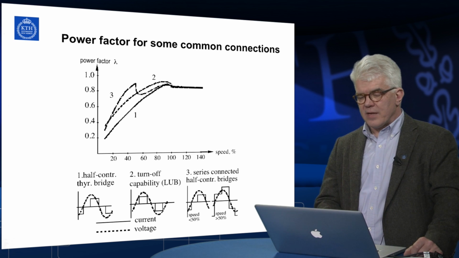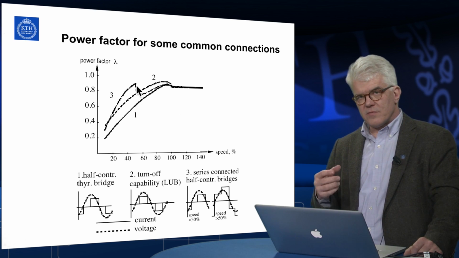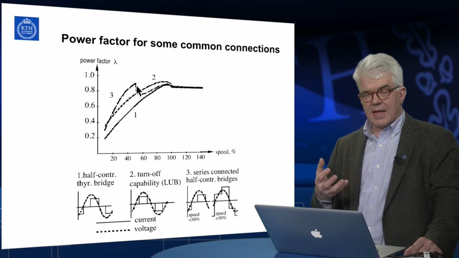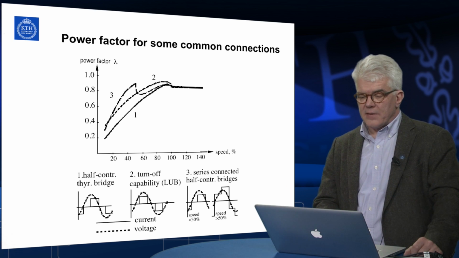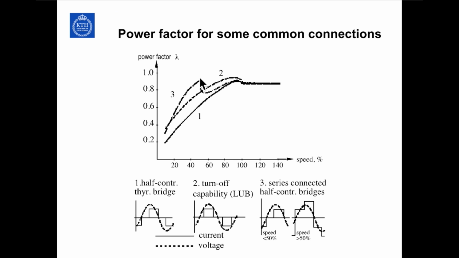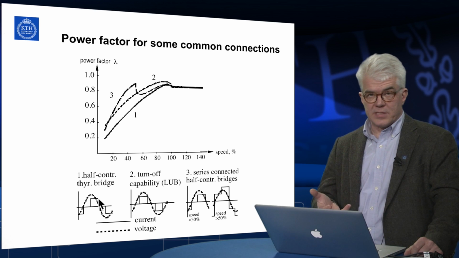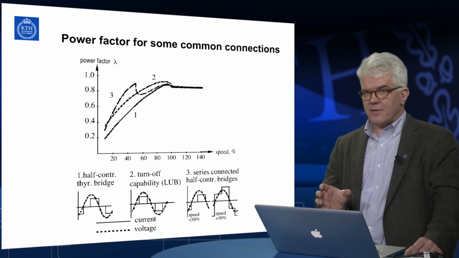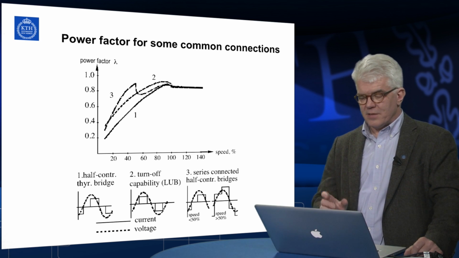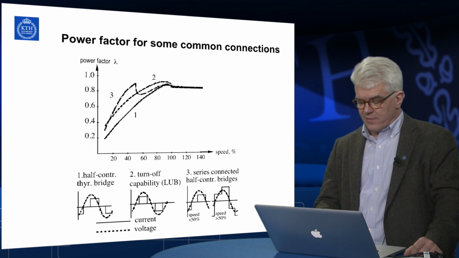And then it goes down again when we start to change the triggering angle alpha of the second bridge. And that one is then going down and up again until we reach base speed, when we go to the same conditions as for the half control bridge, because then of course at alpha equals 0, it doesn't matter whether we have two bridges or one bridge, they provide the same result.